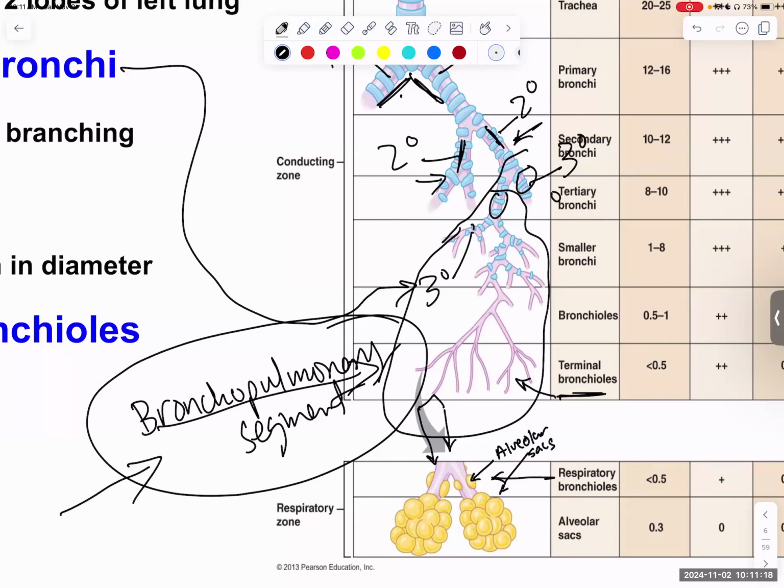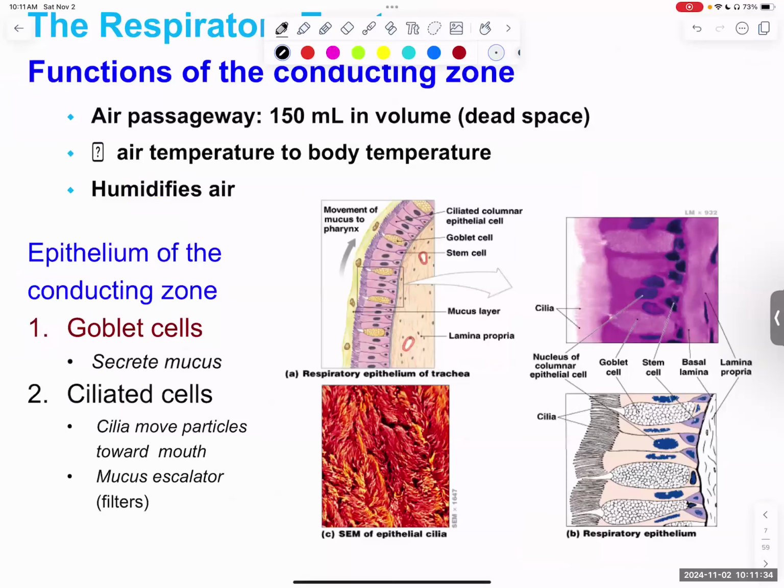And this is where oxygen can come in and carbon dioxide can leave. And this would be the pulmonary capillary. Just a little bit of anatomy review.